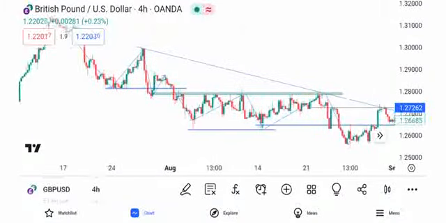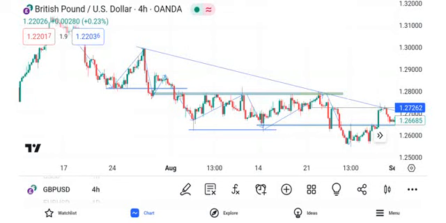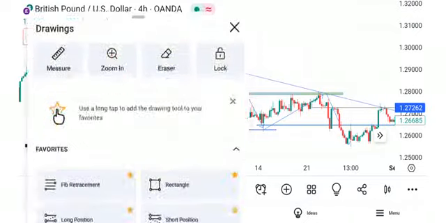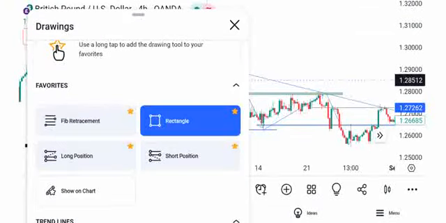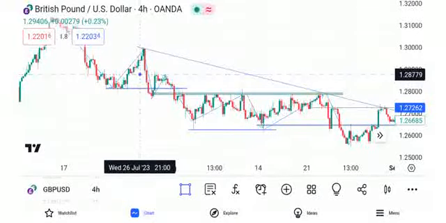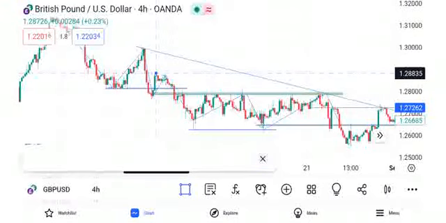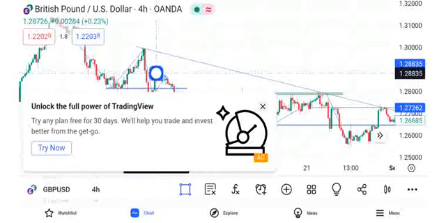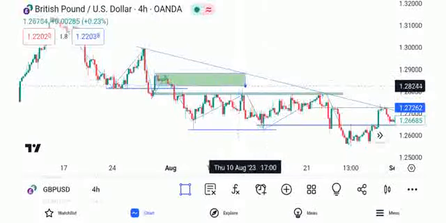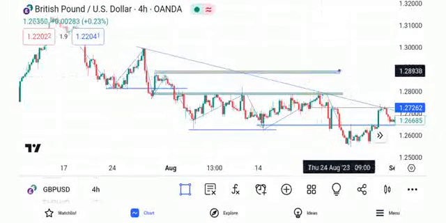So, like I was saying, I wanted to show you the most recent lower high. Let me show you right now. This is the most recent level of lower high I was talking about, on this level here.